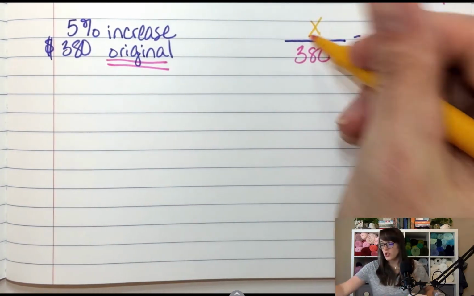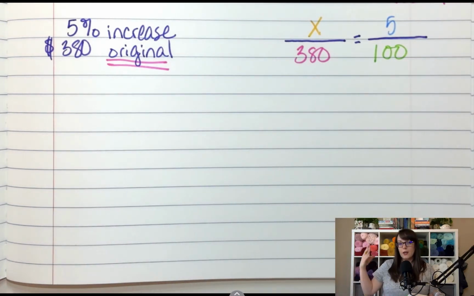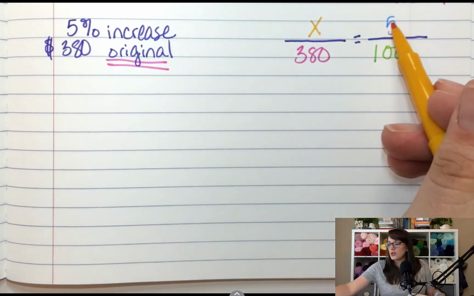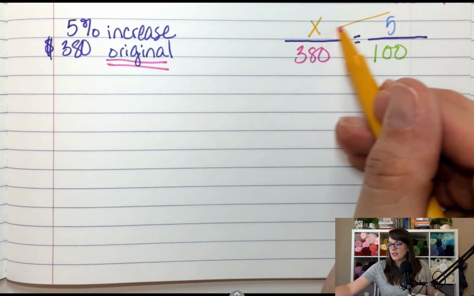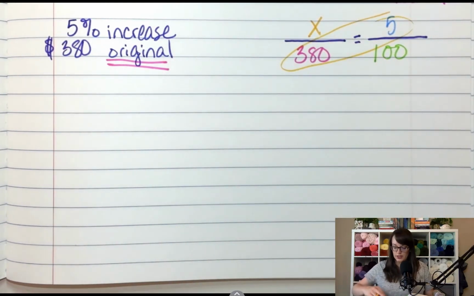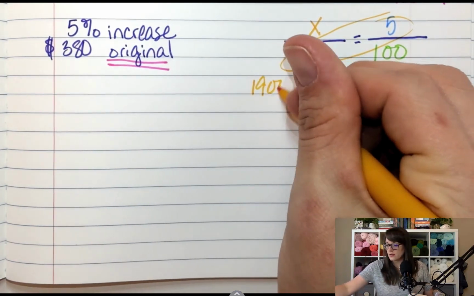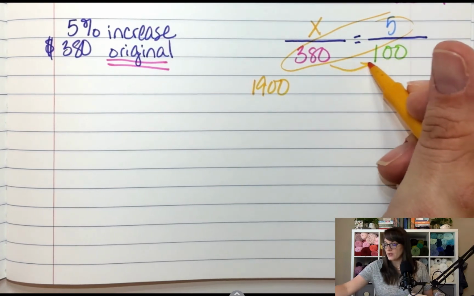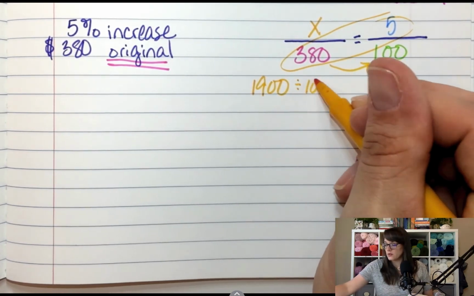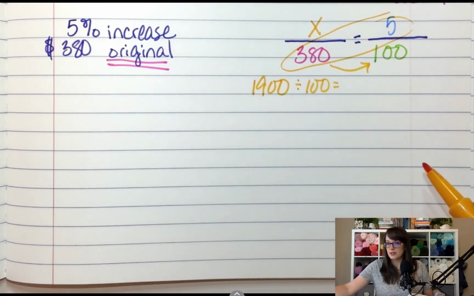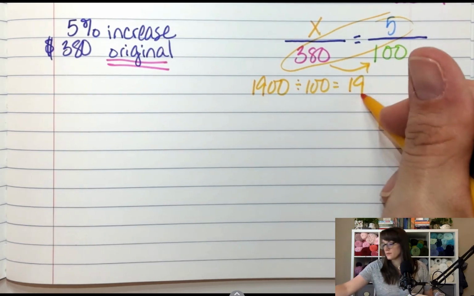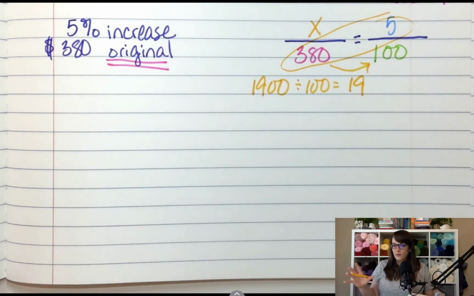So I don't know the difference between the original and the new price. So I'm going to do 5 times 380, which is 1900. And then divide by 100, which is 19. Okay, so I solved this proportion just like I did on the first one.